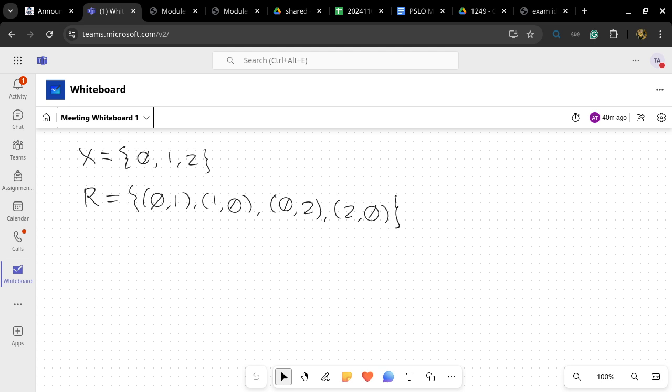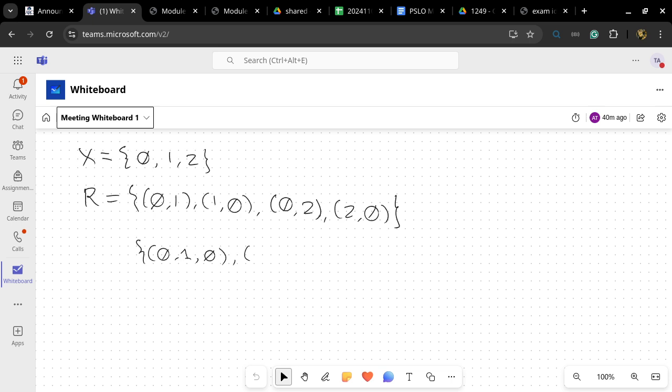The answer is going to be the set that contains the 3-tuple (0, 1, 0), because (0, 1) is here, (1, 0) is here, but (0, 0) is not there. So that's one of the 3-tuples.